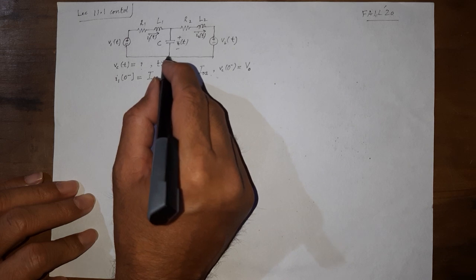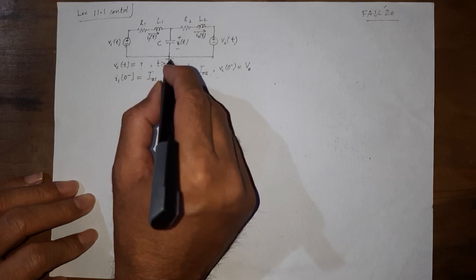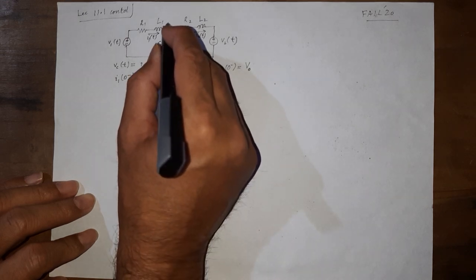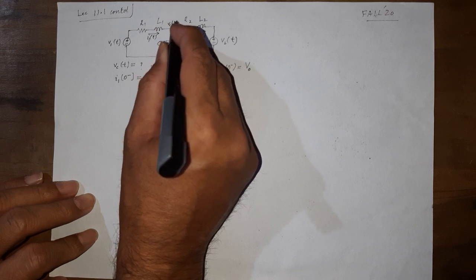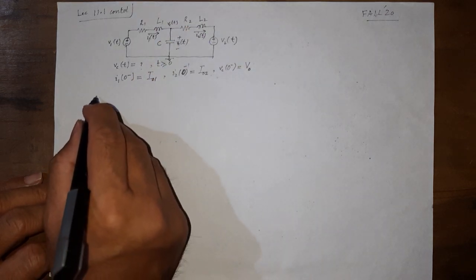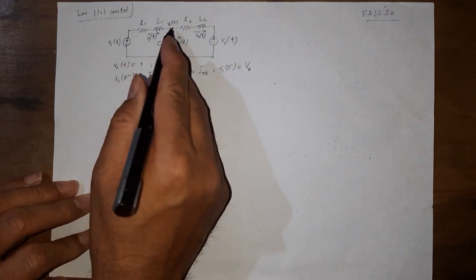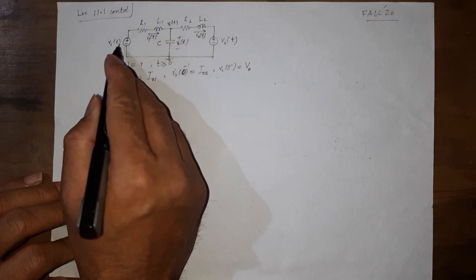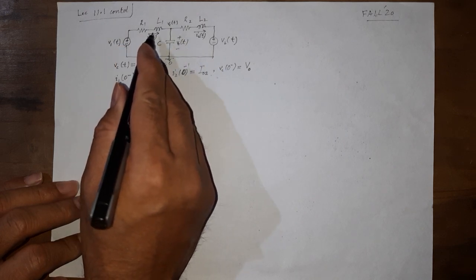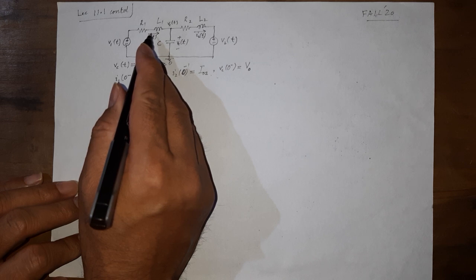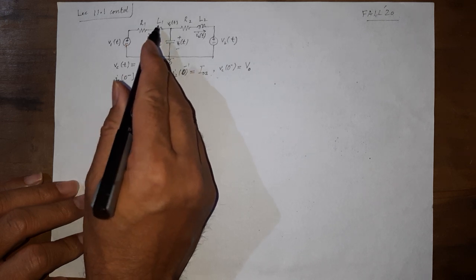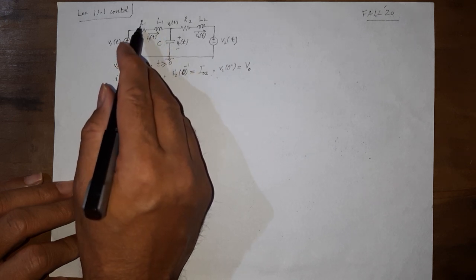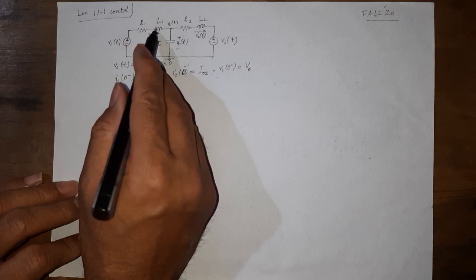Let us say we use that NVA method again. So here we have VC(t). What will the equation become? VC(t) minus this voltage divided by the resistances is what we used to do in NVA, but here these are not resistances alone. This is a resistance, but this is an inductance.